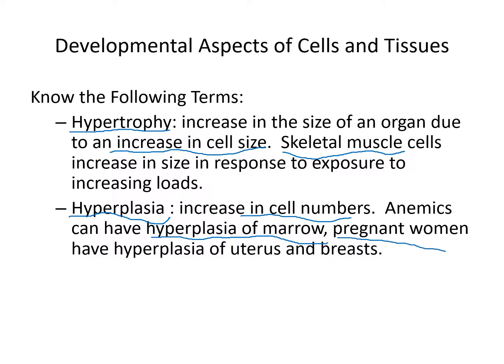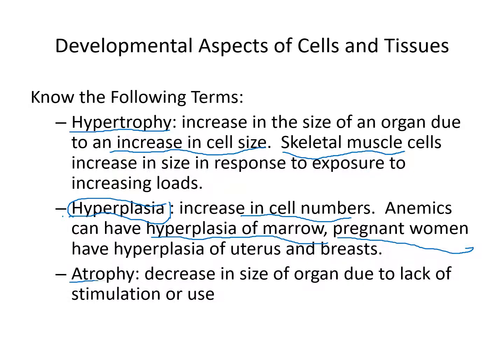Pregnant women may also have hyperplasia of the uterus and breasts in order to prepare for lactation, right, and prepare for the implantation of the embryo. You can also have hyperplasia in cancer, right? In fact, if you watch a lot of House or many of these medical shows, hyperplasia can be used to describe the growth of cancer.